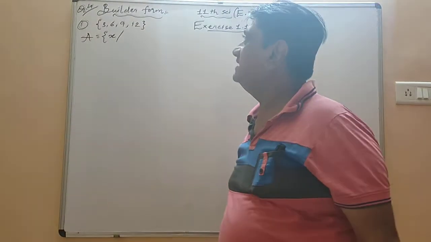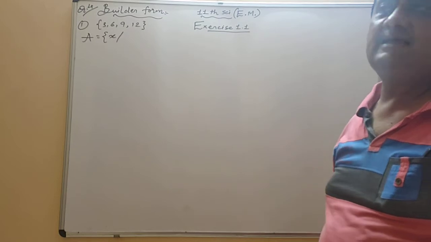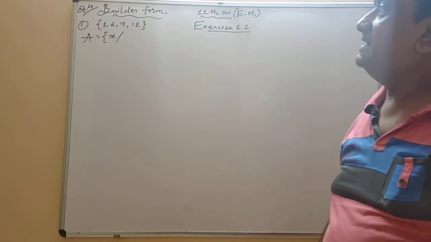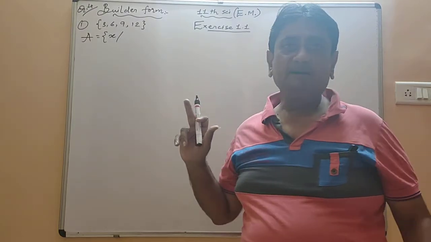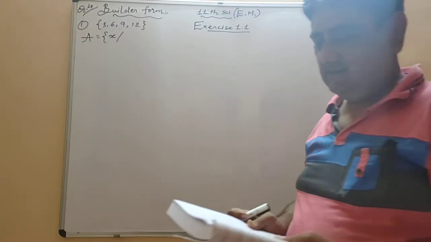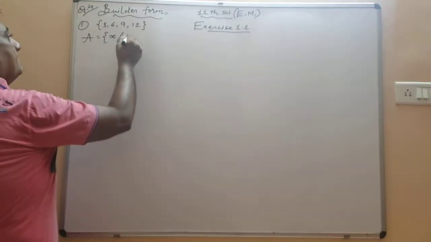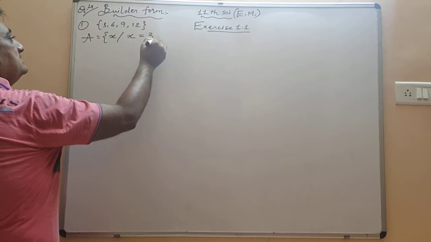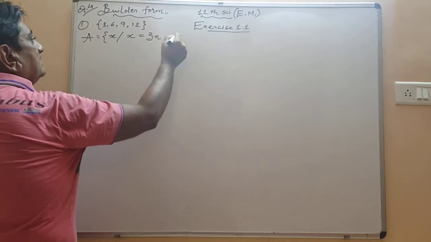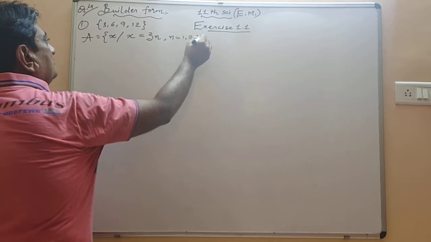So what is this? 3, 6, 9 and 12. It is a multiple of 3. So we can write like this: x is equal to multiple of 3. So it is 3n, n is equal to 1, 2, 3 and 4.